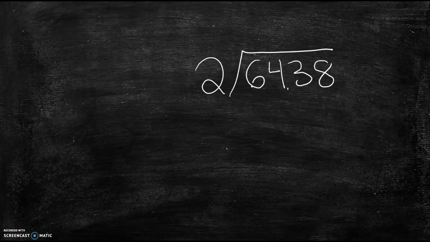We want to know how many times the number 2 can go into the number 6. So, what is 6 divided by 2? Well, we know from last week that is 3. So we're going to write this 3 up at the top. All right. And we know that 2 times 3 from our multiplication tables is 6.